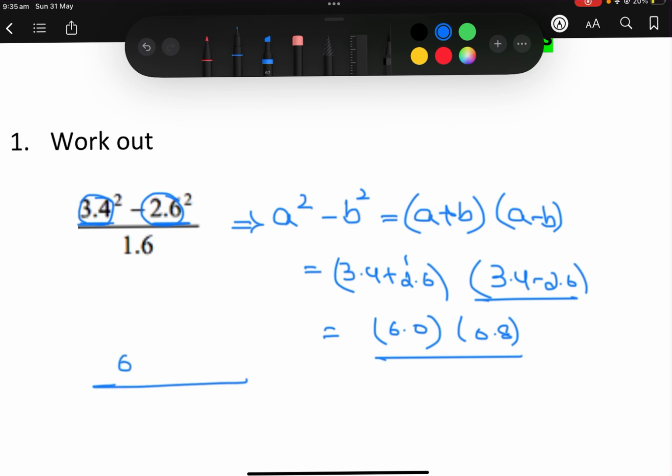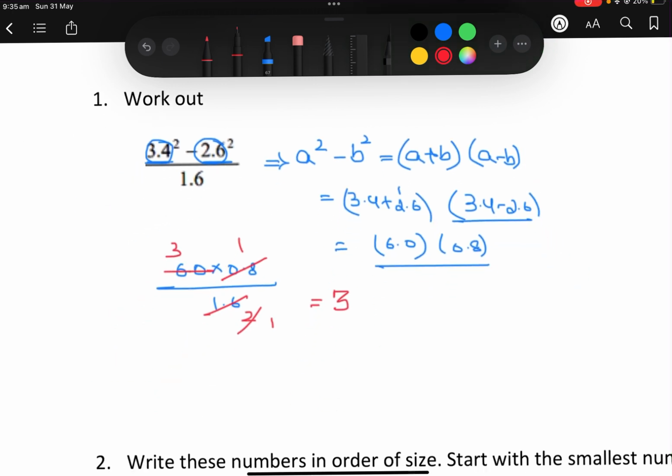So it becomes 6.0 times 0.8 over 1.6. Now 0.8 and 1.6 are like the times table of 8. They can be cancelled by the times table of 8, right? So 8 ones are 8, 8 twos are 16. Then what you're left with? 2 ones are 2, 2 threes are 6. So the answer for this is 3.